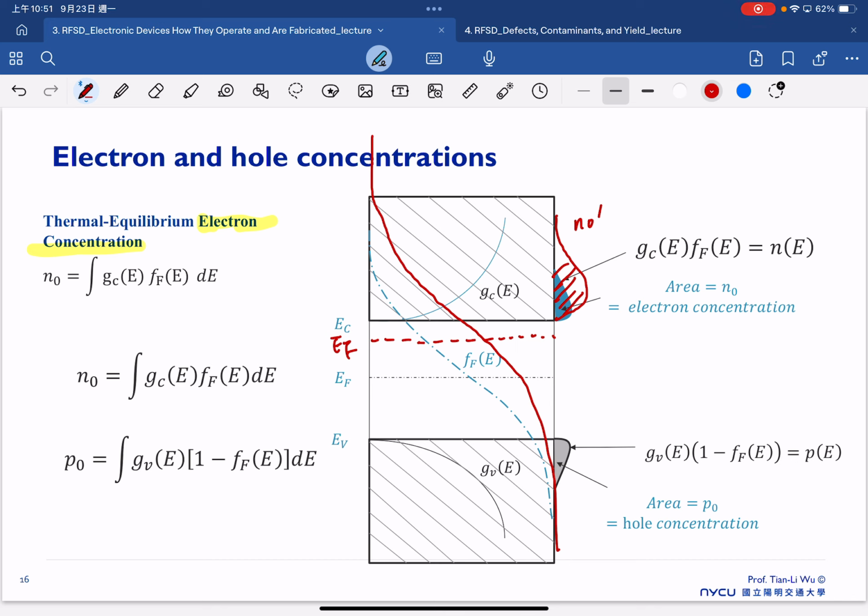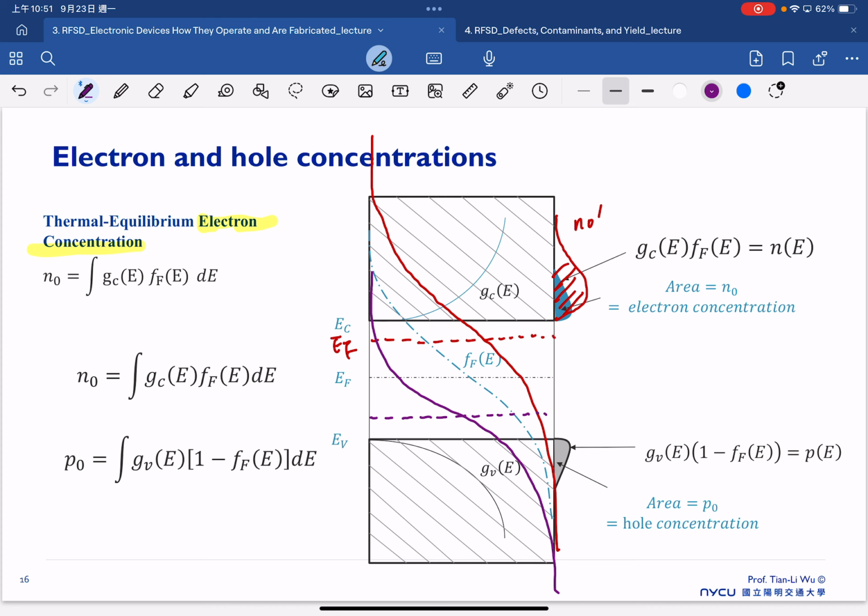Also, if right now our EF is close to our valence band, with the same application of the Fermi energy, we can expect our Fermi-Dirac distribution function to become like this.